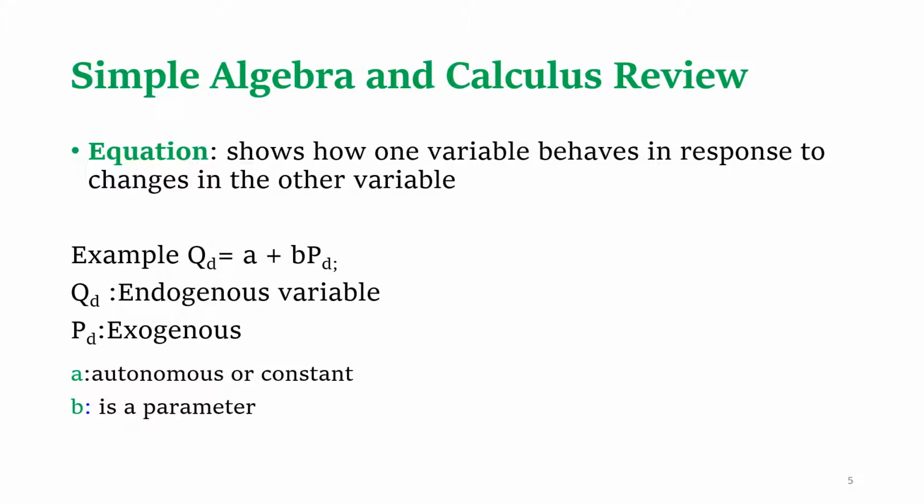Now, the constant term there, which is the autonomous term, is A, and the parameter is B, which is the slope of the line. This is a straight line. This is a linear demand function. It has a slope, and the slope is negative because the relationship between demand and price is inverse.